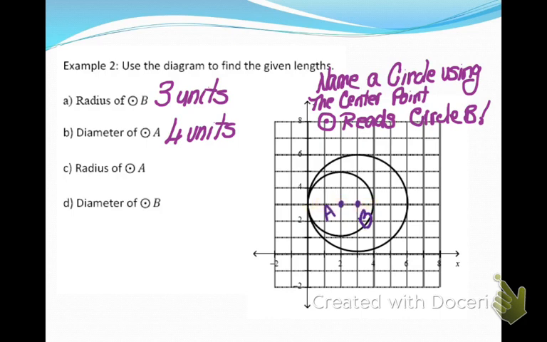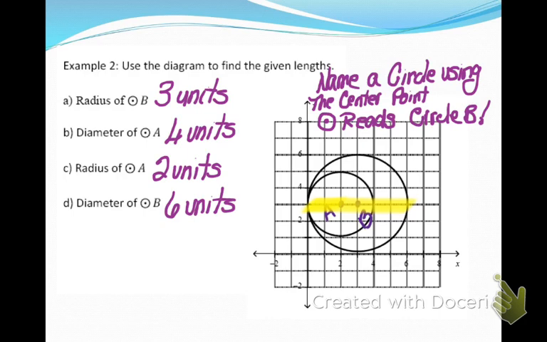If I want the radius of A, I go to the center of A, and I go to the circle, and that is 2 units. It's also half the diameter. So the diameter of B would be all the way across the circle that has B in the middle, and that is 6 units.